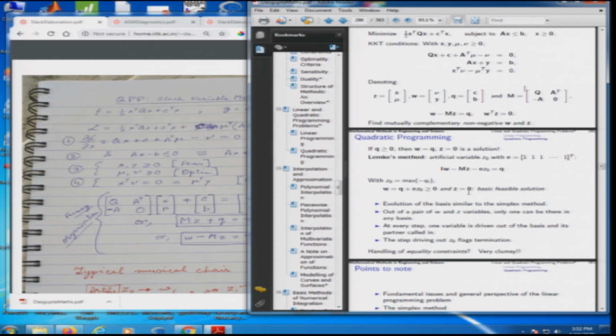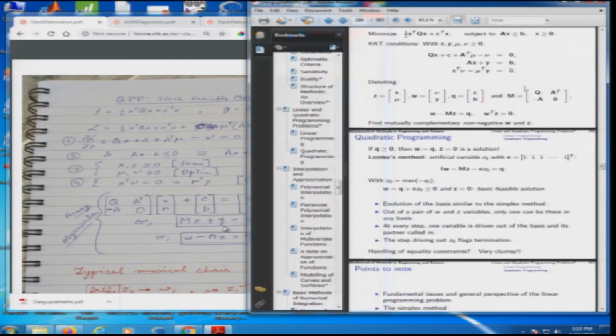So, you have a freedom there, just like in the linear programming problem in the simplex method you had a freedom along one edge. So, here you have a freedom, you can increase that z, the w corresponding to which is sitting at 0, though it did not have to. So, typical musical chair here goes on like this.